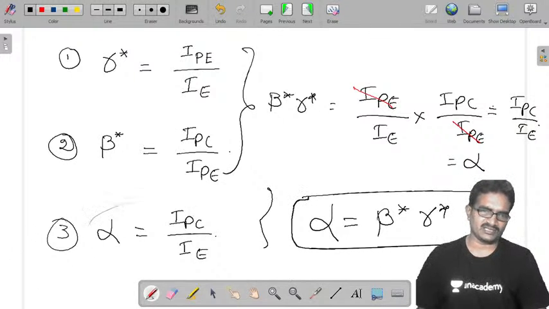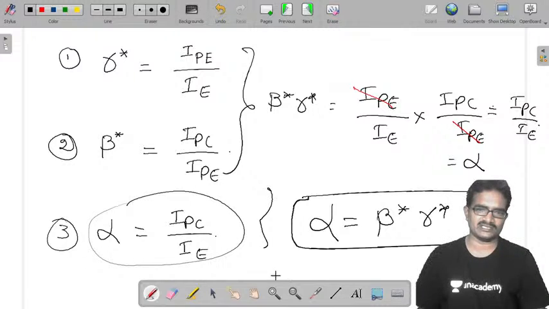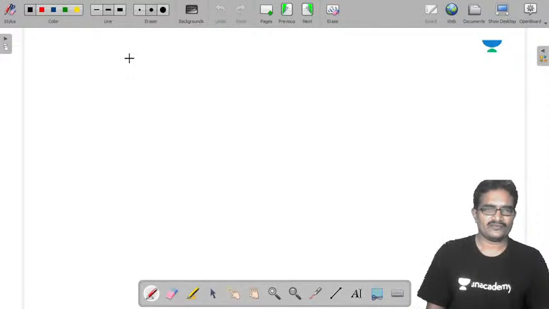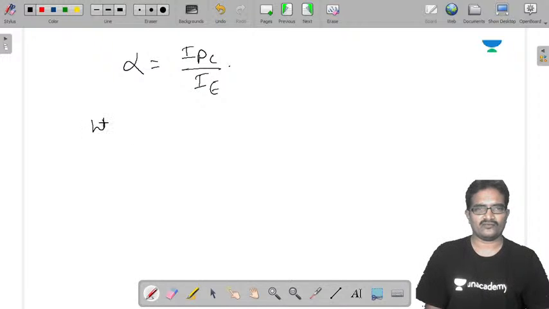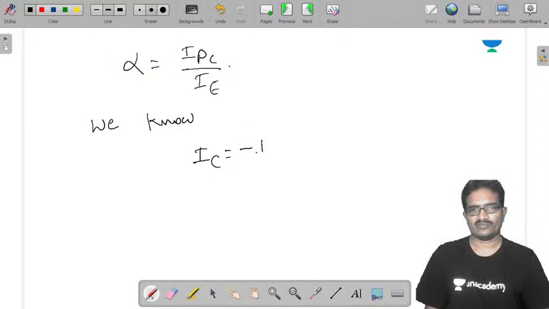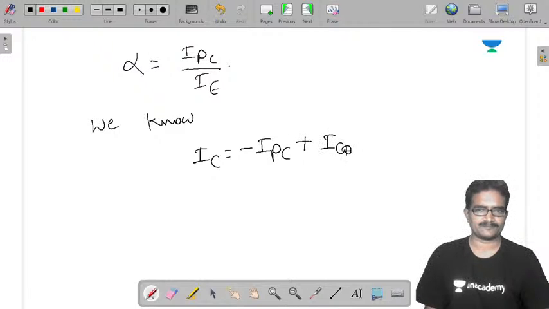Okay, now I am concentrating on this alpha. Now we know alpha is IPC by IE. Okay, now we know the collector current equation. We know collector current just before we wrote IC is minus IPC plus IC naught.